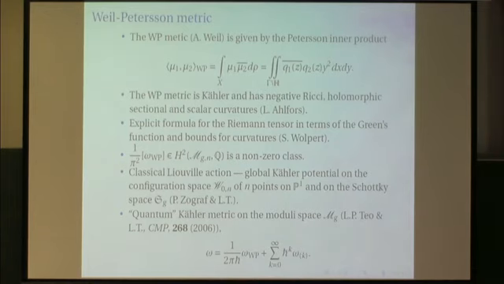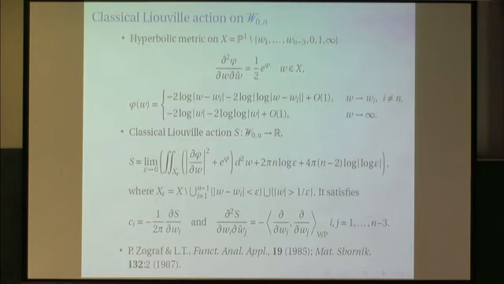But first, let me elaborate on the Liouville action. Since the Liouville action will play some role in this talk, let me remind you of the explicit construction of the Liouville action on the configuration space of n points and on the Schottky space of compact Riemann surfaces. So, the classical Liouville action on the configuration space.